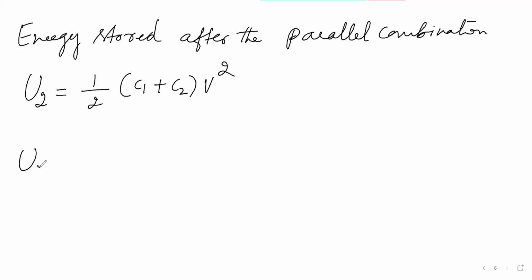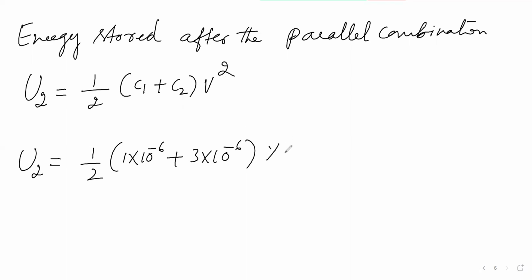That is U2 equals 1 by 2 into 1 into 10 to the power minus 6 plus 3 into 10 to the power minus 6, into V, which is 500, the common potential, so 500 into 500.